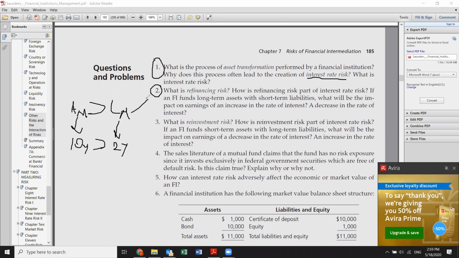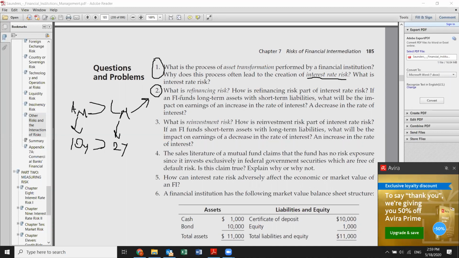This is all question 2 we're discussing. Just an example: the bank will definitely face the risk that new deposits may only be obtained, and the loans refinanced, at a higher rate in 2 years. So this interest rate increase would reduce the net interest income.